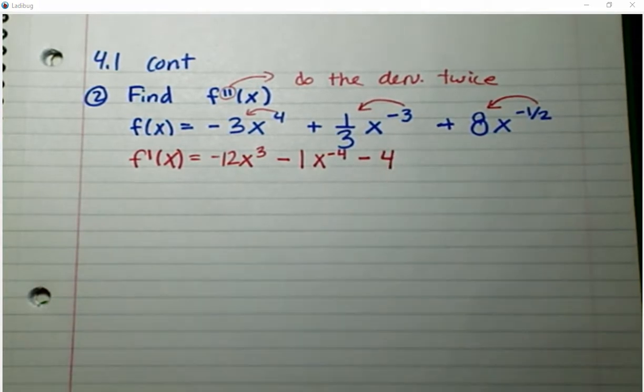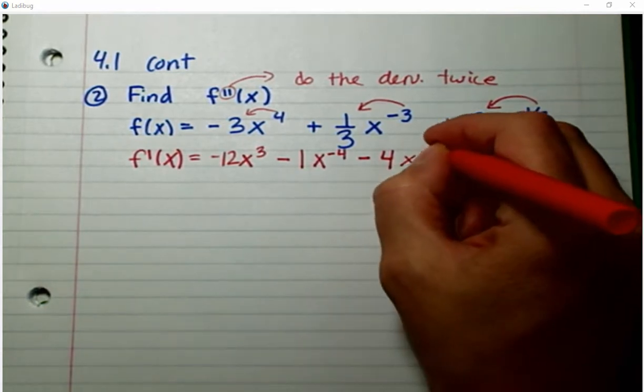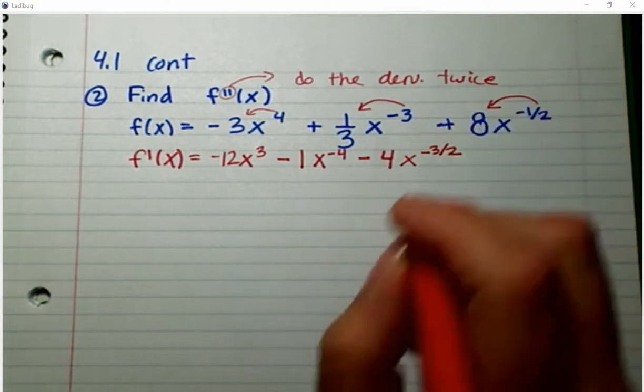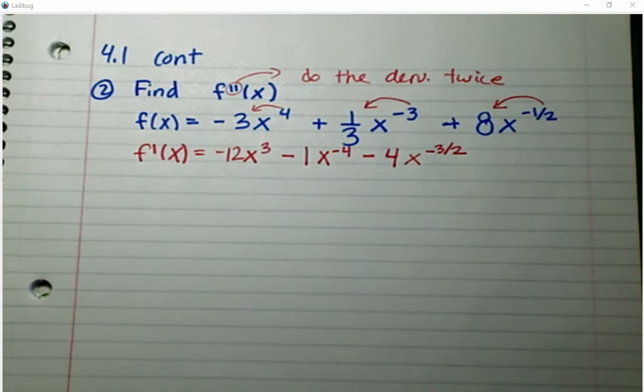Right, so I'm simplifying that in my head. 8 times -1/2. Subtract 1. Okay, that's the first derivative because I did the power rule once. Okay, now do it again.